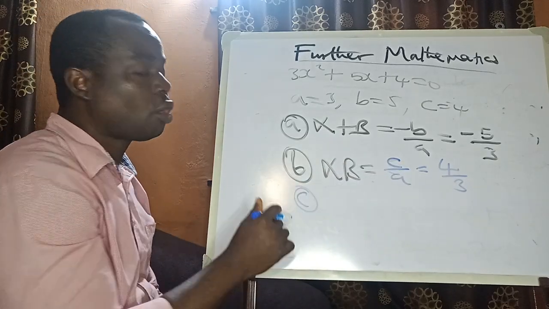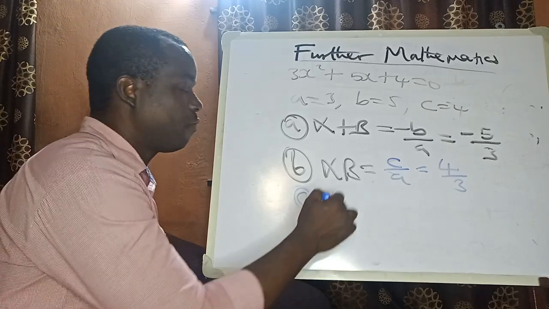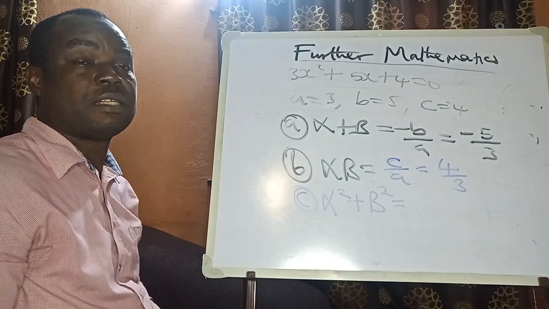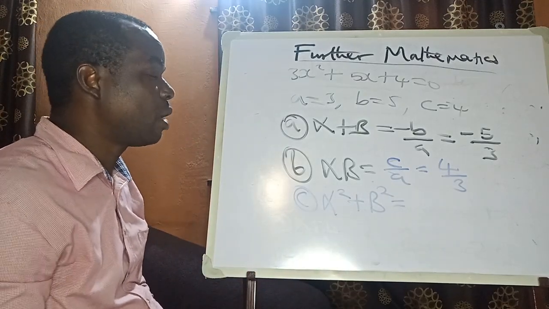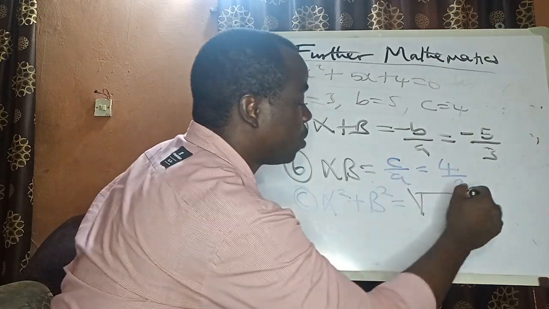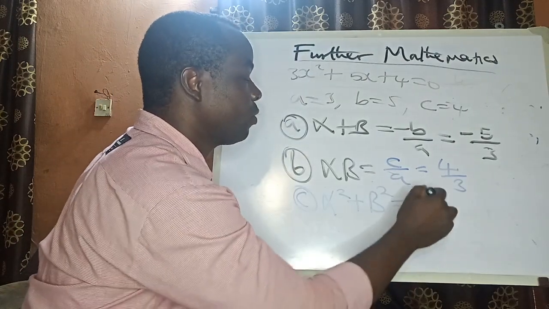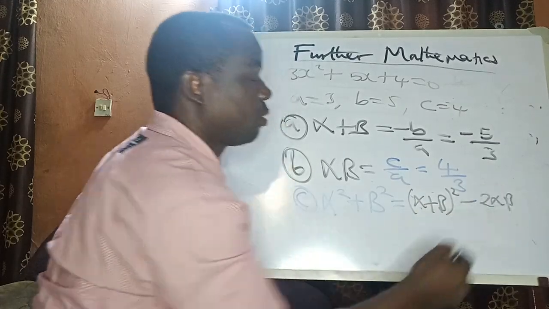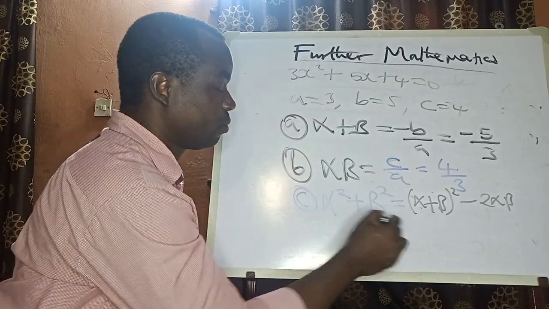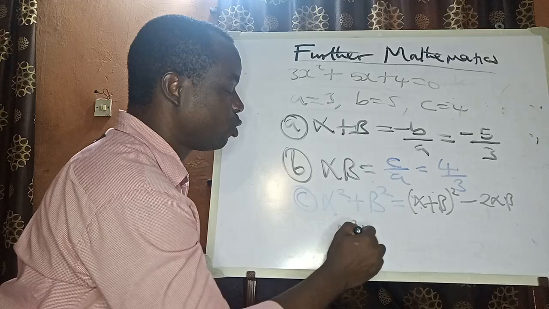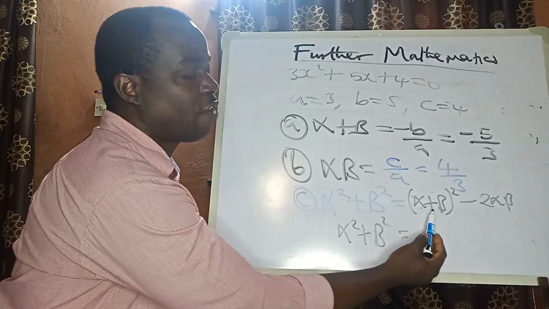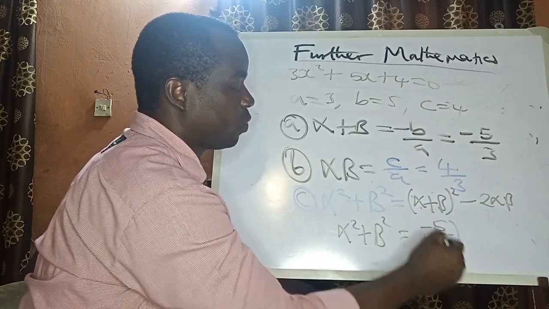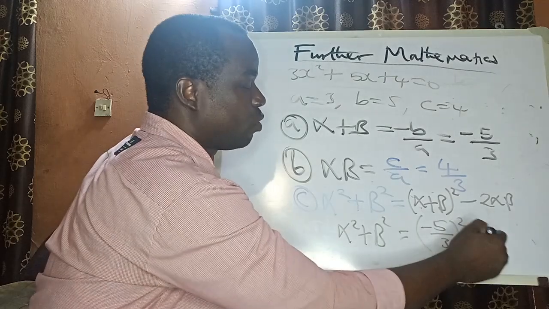Now, the third question says we should find alpha squared plus beta squared. Check the formula I gave you. The formula is alpha plus beta all squared minus 2 alpha beta. That's the formula I gave you, right? So our alpha squared plus beta squared will now be, what is alpha plus beta? We have the answer here, minus 5 over 3 all squared, then minus 2.